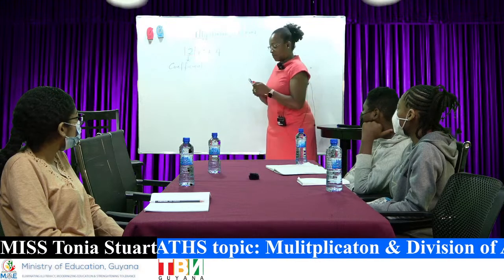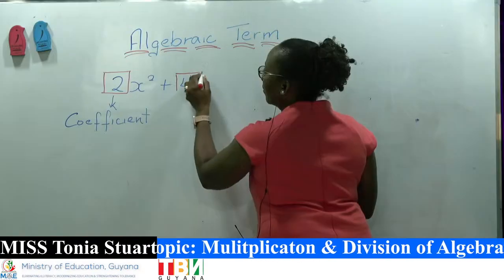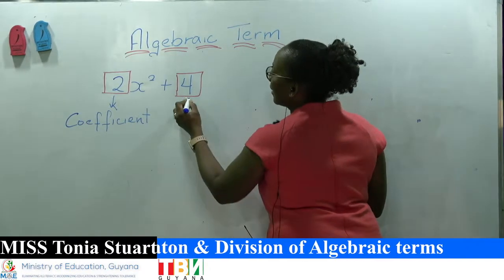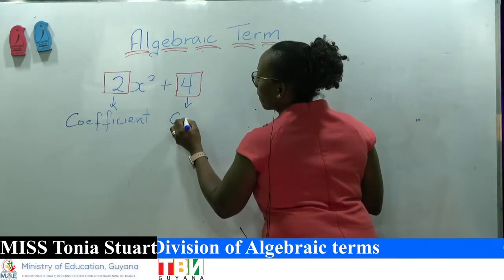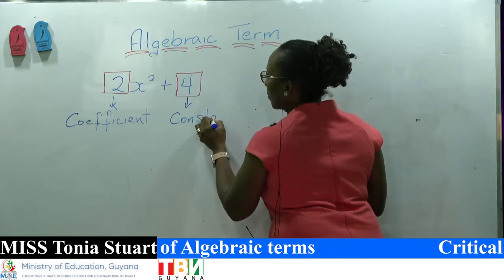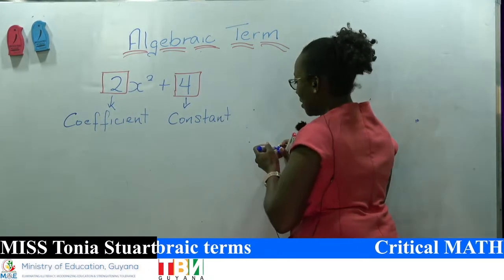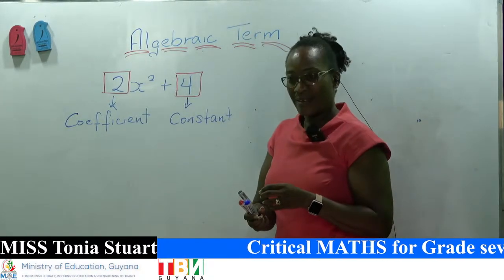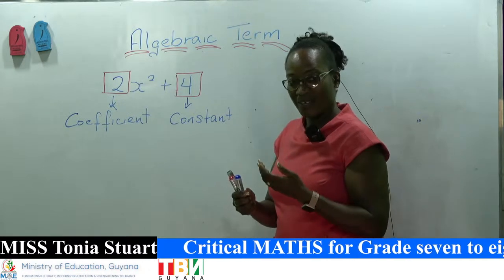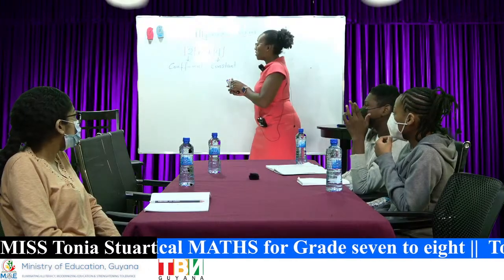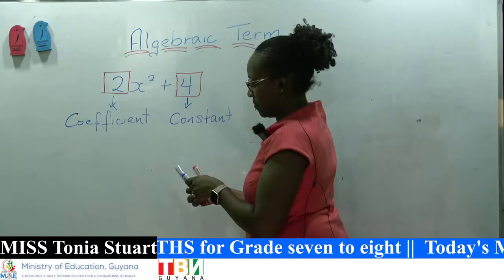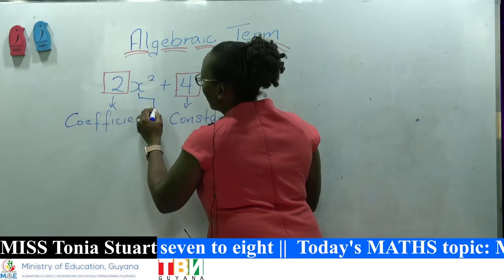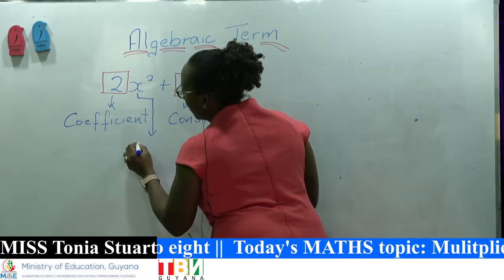A constant. The 4 would be the constant. Reason being, it's standing alone. It's the number standing by itself. The coefficient is standing with a letter that is called a variable. This here we have the variable.